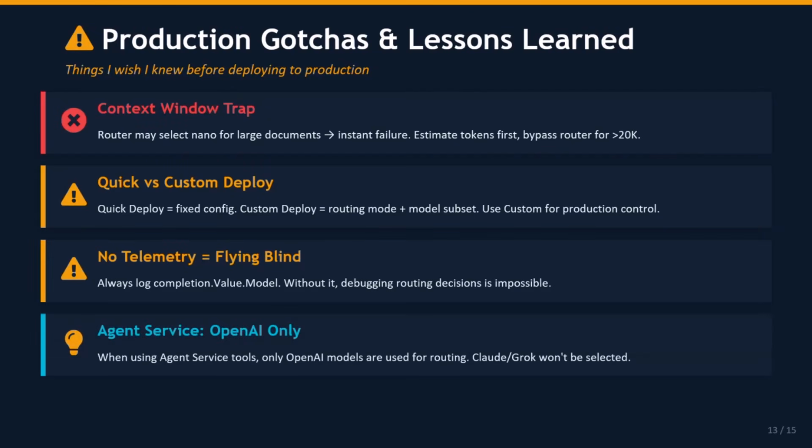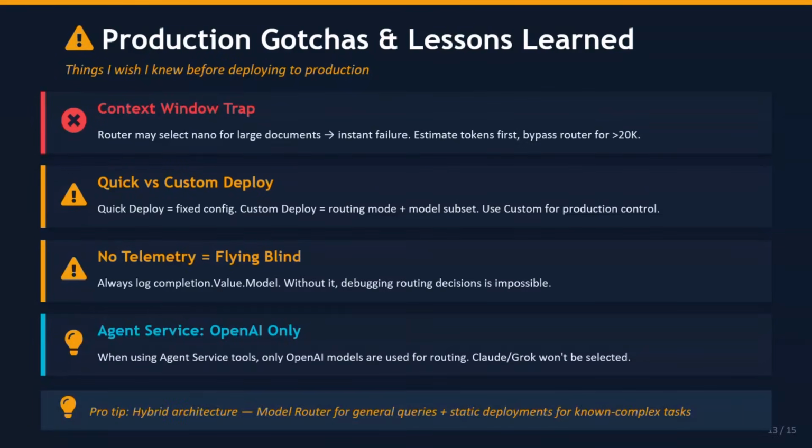And number four, agent service limitation. When using model router with agent service tools, only OpenAI models get selected. So Claude, Grok, Llama won't participate. Bear that in mind. And the pro tip: build a hybrid approach. Model router for general queries and static deployments for tasks where you know the requirements upfront.